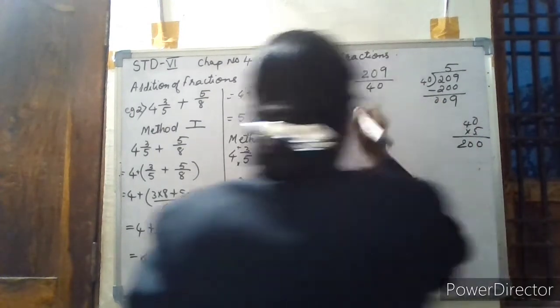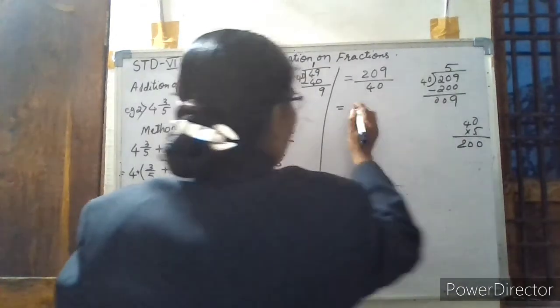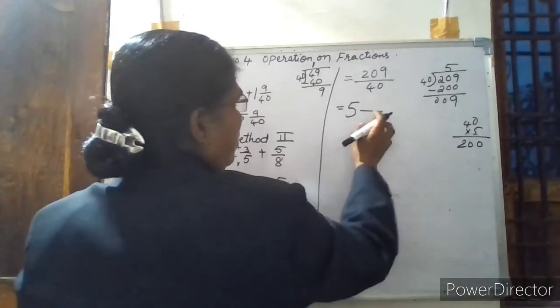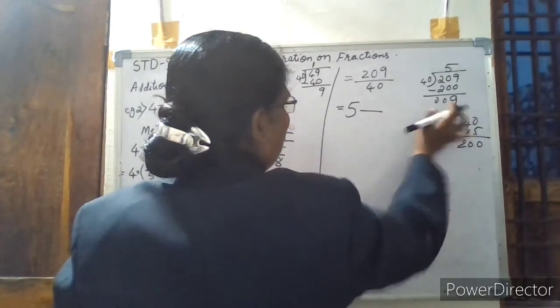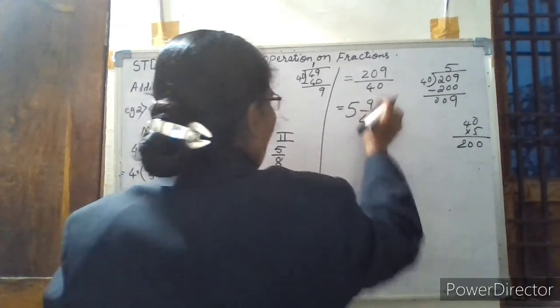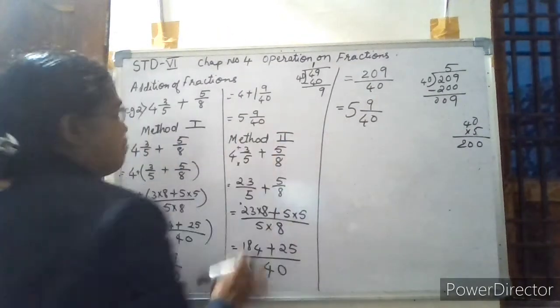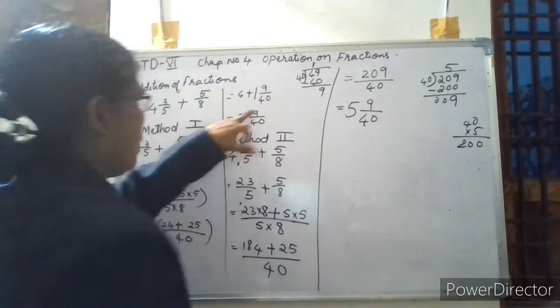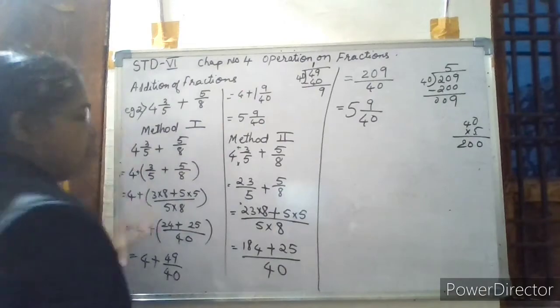Therefore, the whole number 5 is the answer. Now write the mixed number, that is remainder 9 by 40. So 5 9/40, this is the answer by the second method. By the first method also we got 5 9/40. So this is addition of fractions.